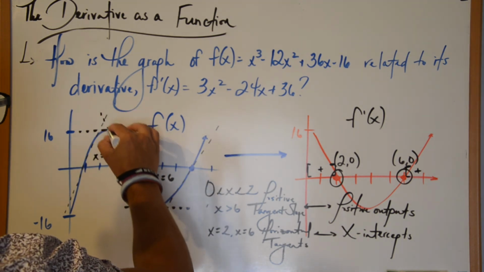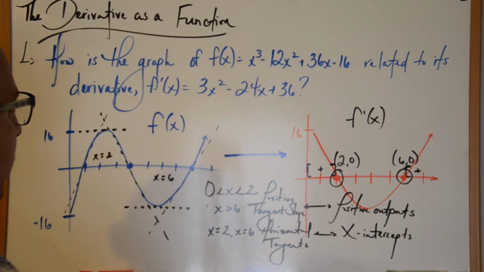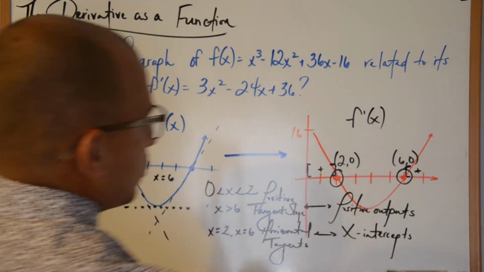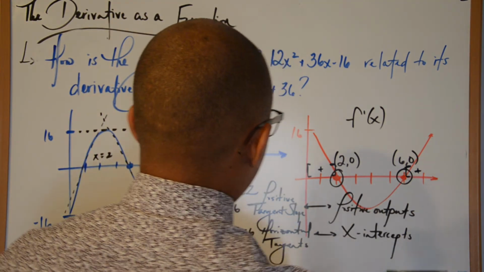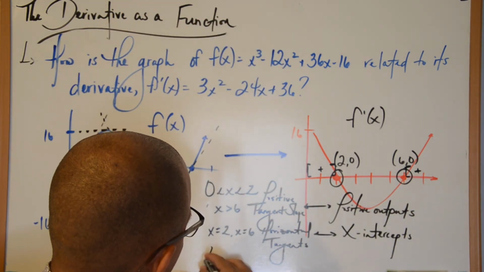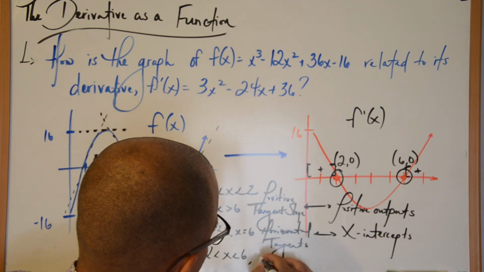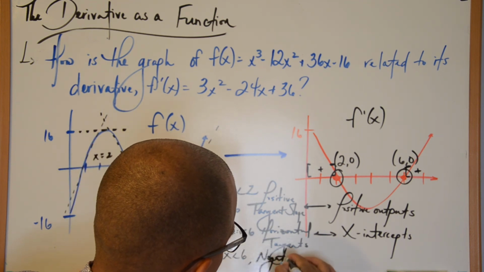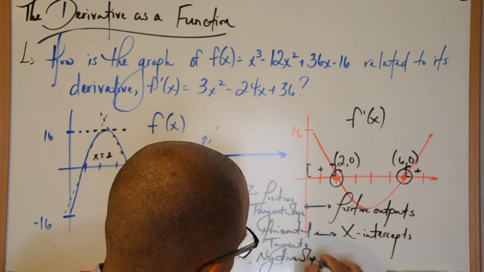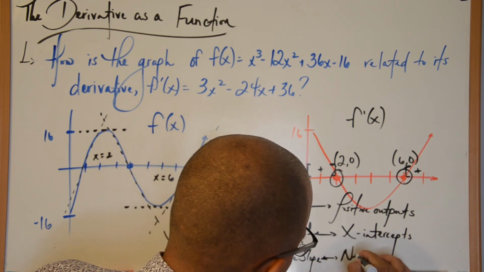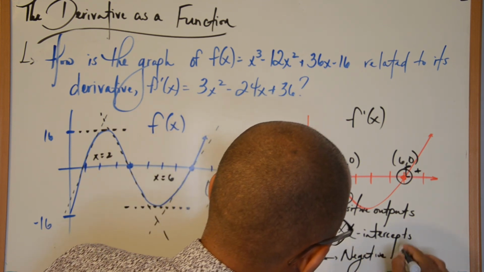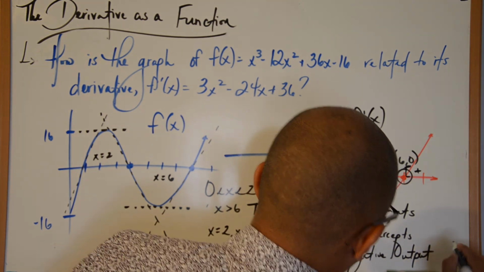We can clearly see the tangent line has a negative slope, and between 2 and 6 here, we can see that the outputs are negative. So 2 to 6, we have negative slope, which yields negative output.